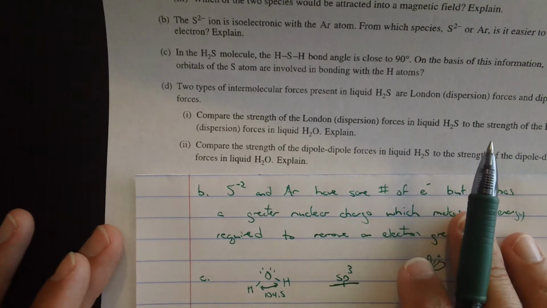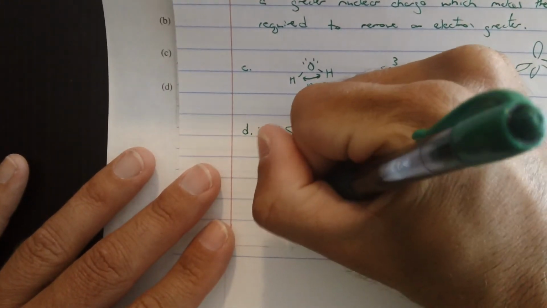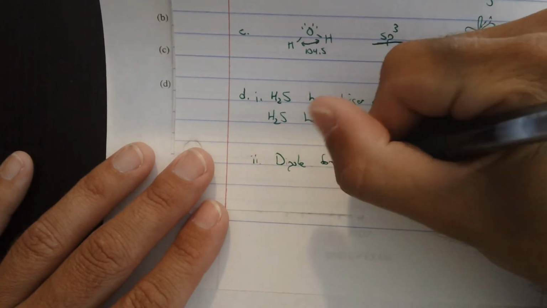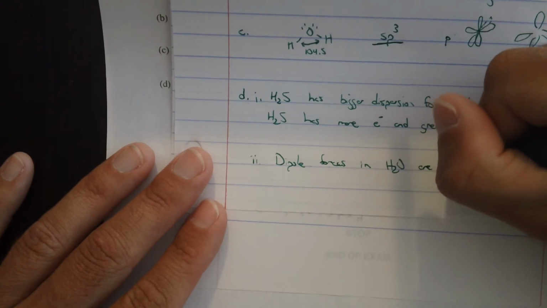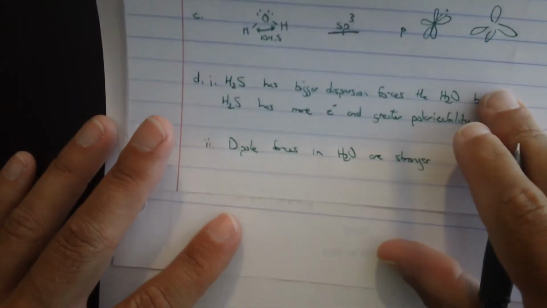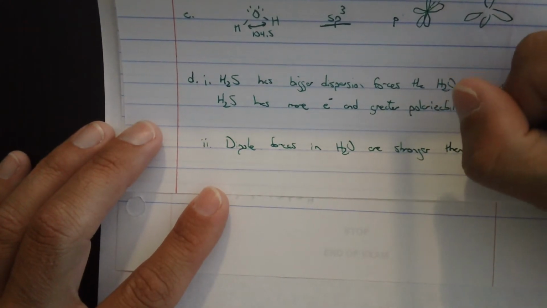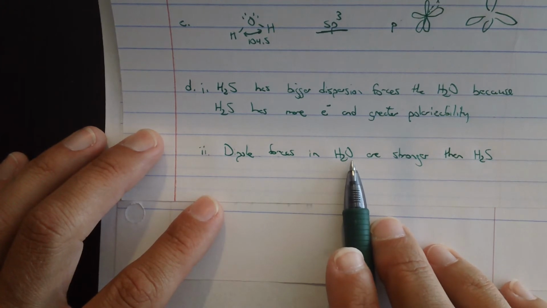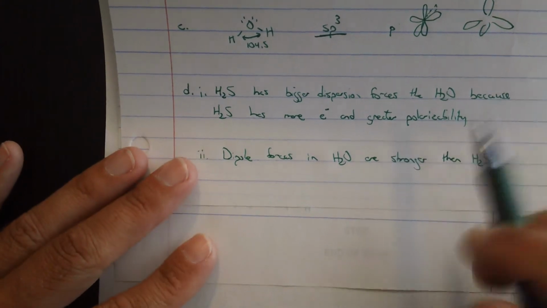So the dipole forces in water are stronger than H2S. Why? This is about polarity of the molecule, right? Oxygen is way more electronegative than sulfur, so it's pulling harder on those electrons.